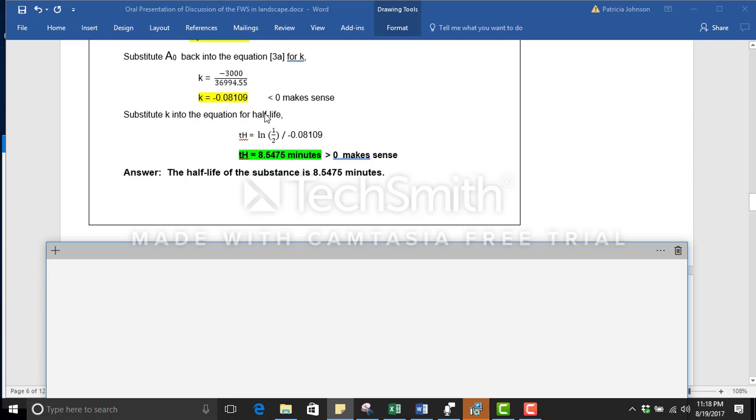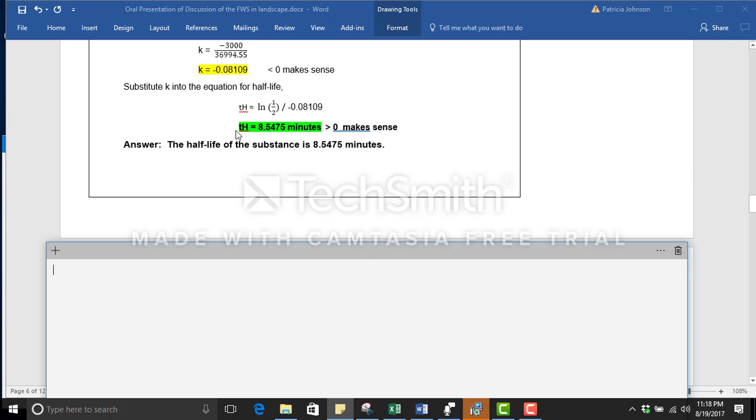This makes sense because our exponential function must have a negative power in the index in order for it to be a decay rate. When we substitute our value for K into our equation up above for TH, we express TH in terms of K, and we get 8.5475 minutes.